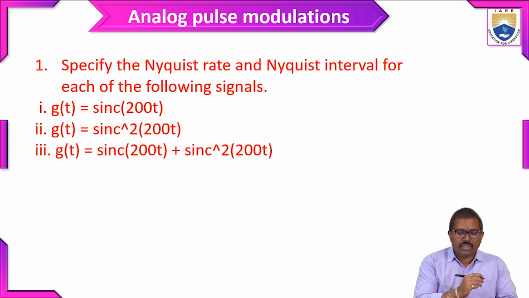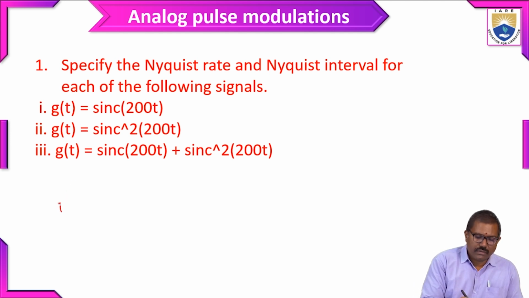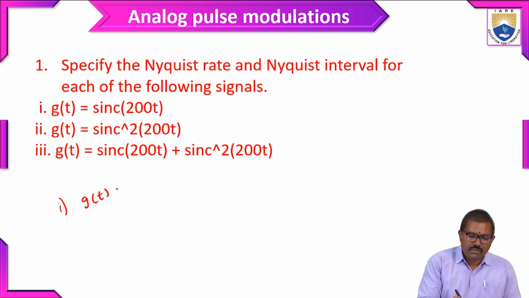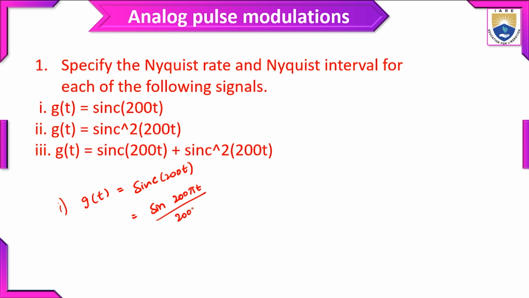Here we know how to write the sinc pulse. g of t is equal to sinc of 200 t, which we can write as sine of 200 pi t divided by 200 pi t.